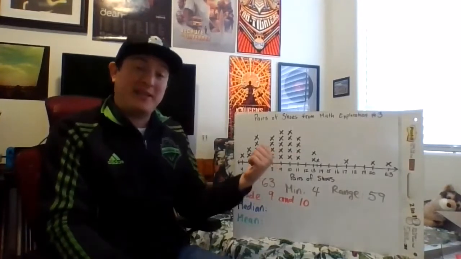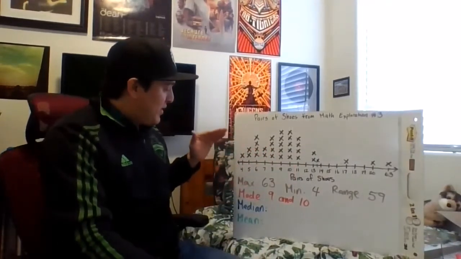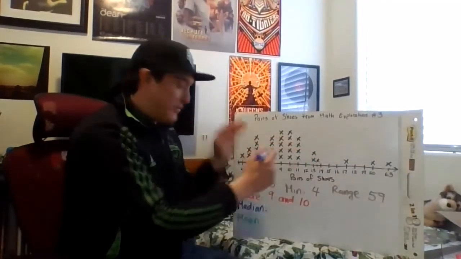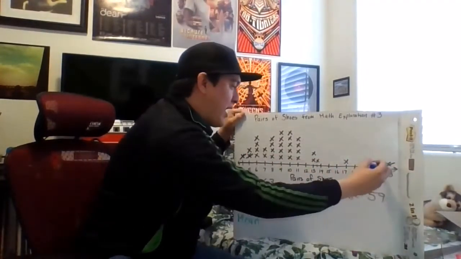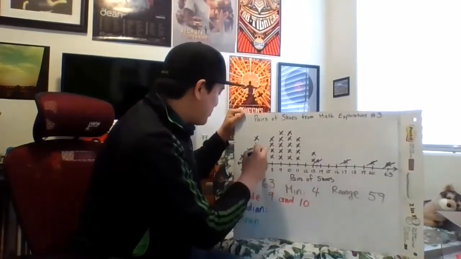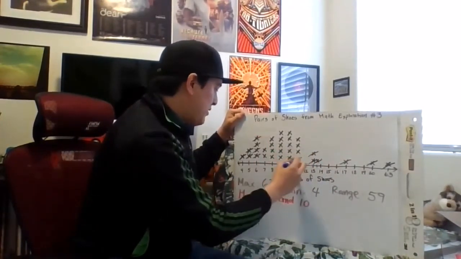So I'm actually going to use the line plot to figure out what the middle number is by crossing out numbers from the smallest to the largest and then going across all the way till I get to the middle number. So I'm going to do that here. 4, 3. I start at the bottom of the X's. That way I can keep track of which ones I've actually crossed off.